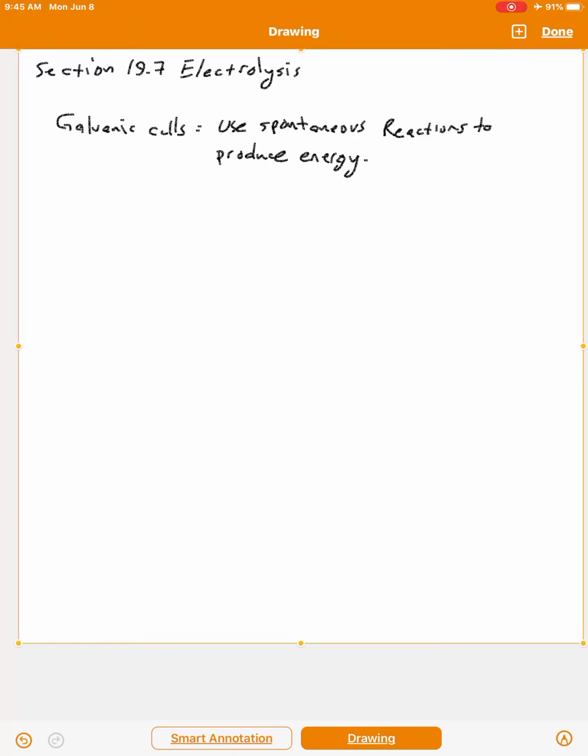We have seen a couple of examples of non-spontaneous reactions, but not in context. So now what we're going to talk about is the reverse. And these are called electrolytic cells.